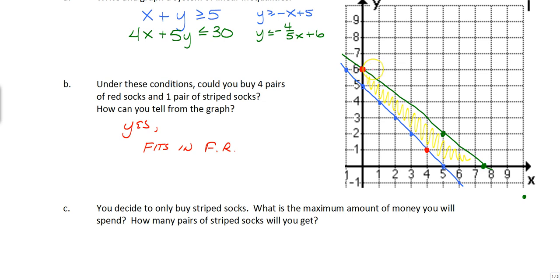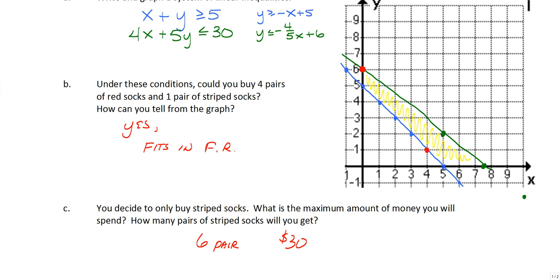It looks like the most we could buy is 0 red socks and 6 pairs of striped socks. At $5 a pair, that's going to give us exactly $30. So that is the maximum we can buy in terms of striped socks.